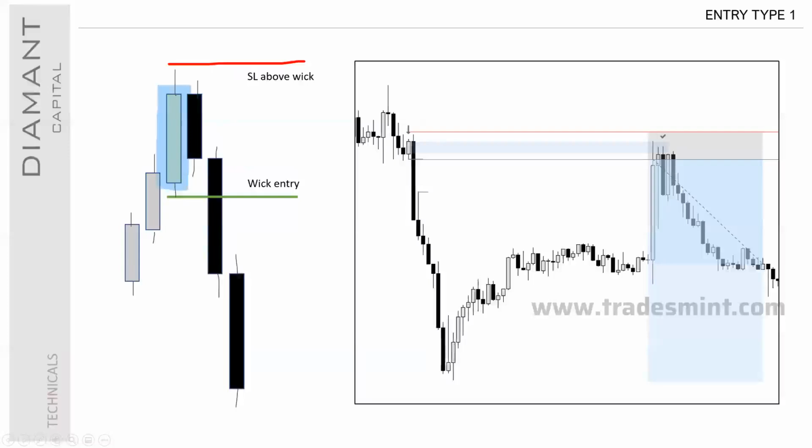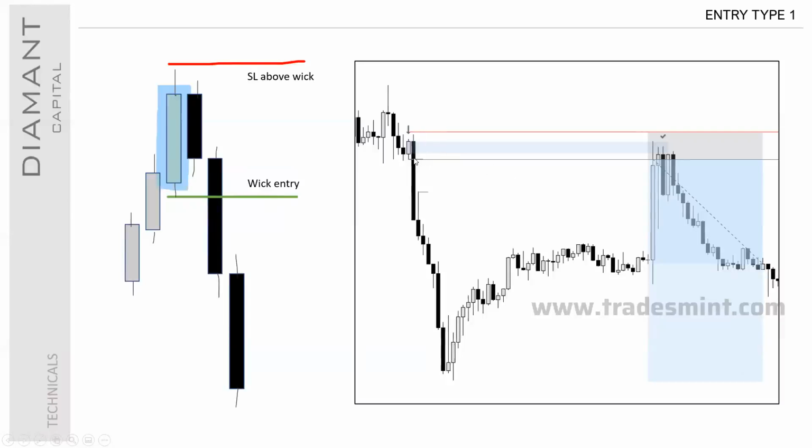Now, how do we use this? You've got different types of entry points. The first one, I would say, is the wick entry, depending on how big the candle is, because sometimes, as you can see from my cursor, from this candle right here, the wick is very far from the body. But because we're looking at a refined entry of this order, you've got to understand one thing.